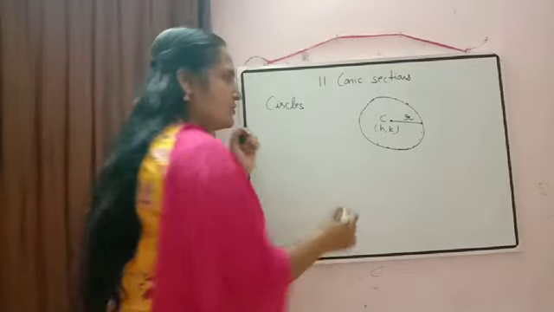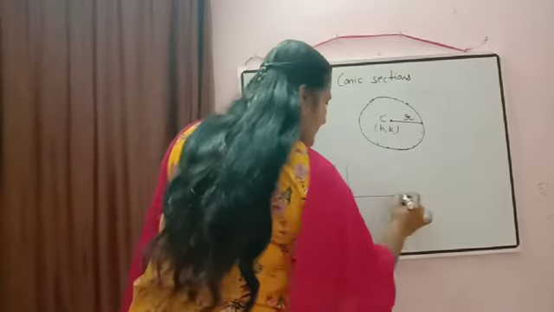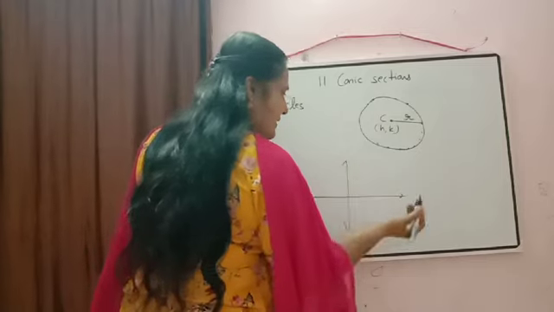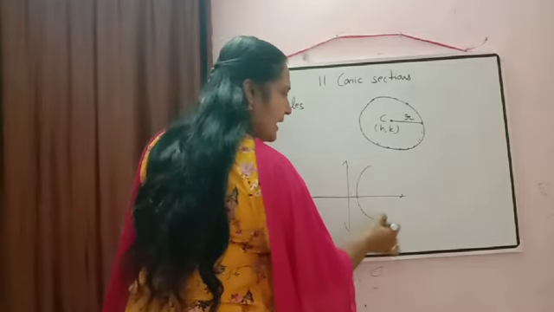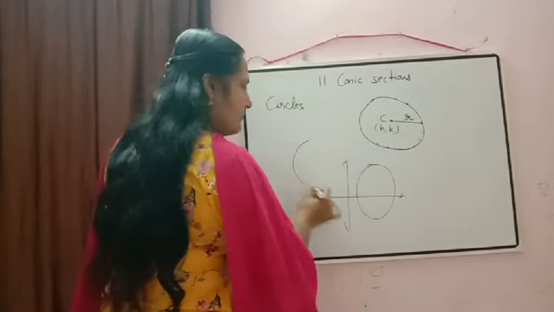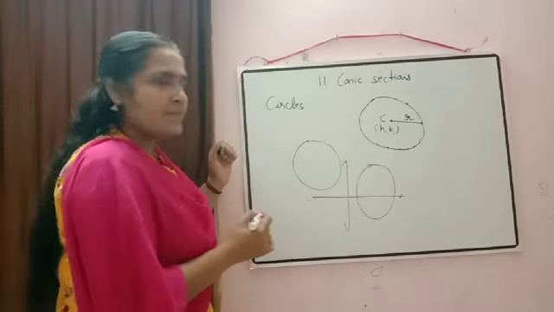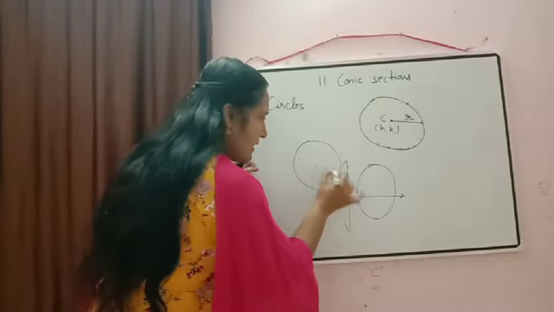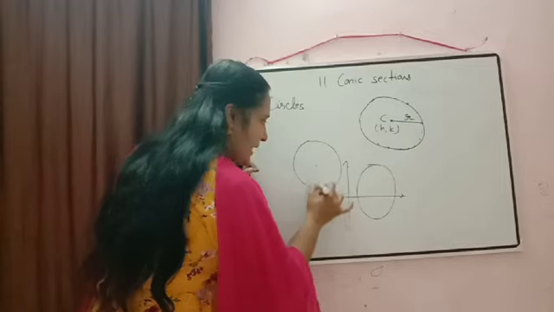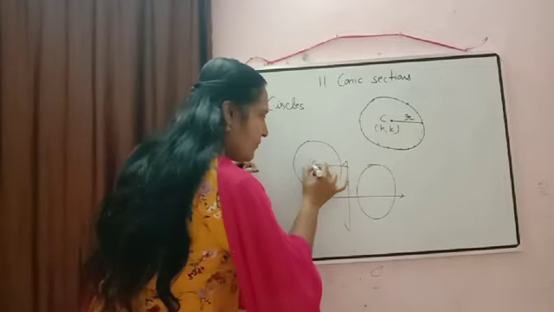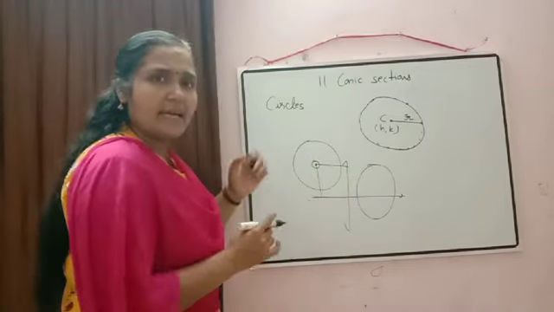If you draw the x coordinate and y coordinate axes, we can draw a circle anywhere. Sometimes the circle can be here, sometimes here also. By checking its distance from the x-axis and the distance from the y-axis, together we get the center.